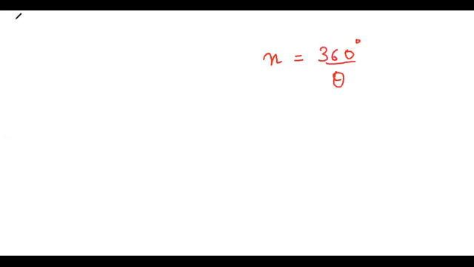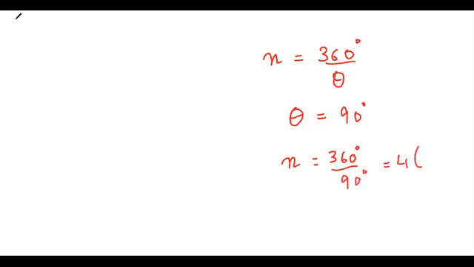So students, if the two mirrors are placed perpendicular to each other, that means theta is 90 degrees. So what will be n? It will be 360 degrees divided by 90 degrees, which comes out to be 4.